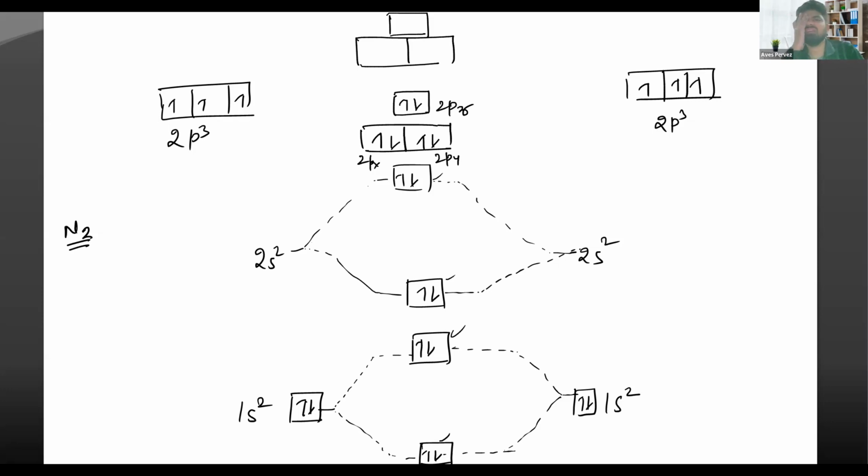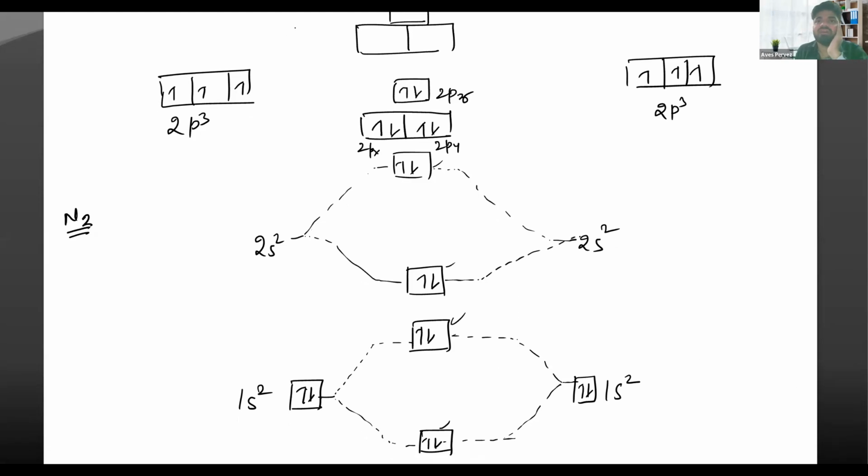Now there is an easy way to calculate the bond order. The calculation can be very easy. For example, if you need to calculate the bond order of this one, you can easily cancel out some terms.